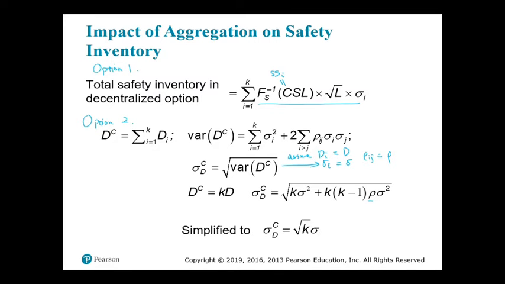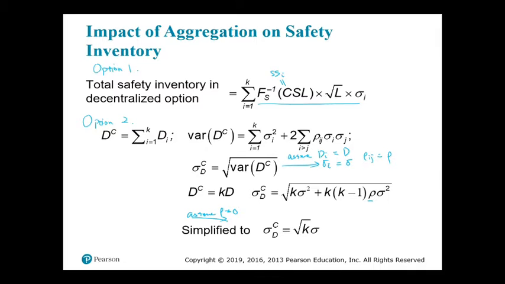And you can even further simplify: assume rho is equal to 0, then you'll get this further simplified notation. By assuming rho is equal to 0, we're assuming that the demands between different regions are independent of one another.